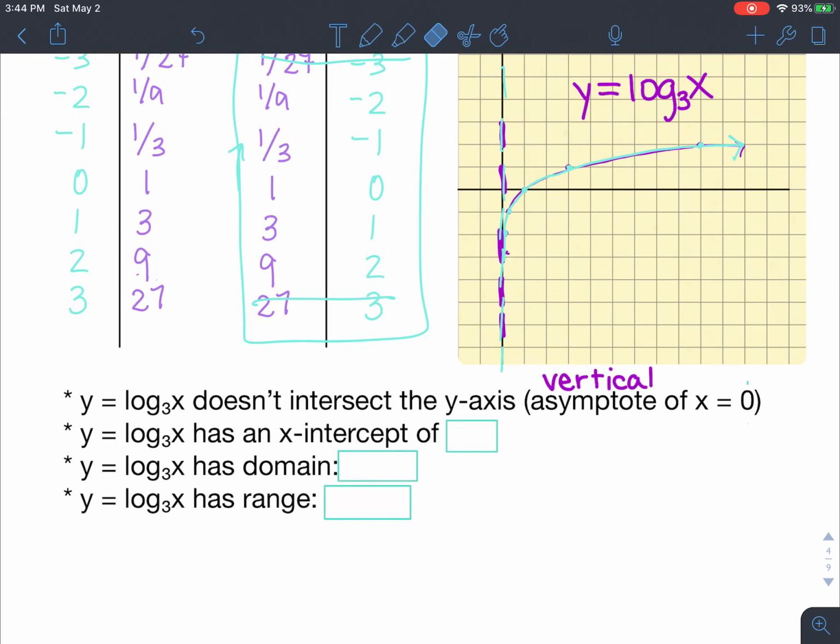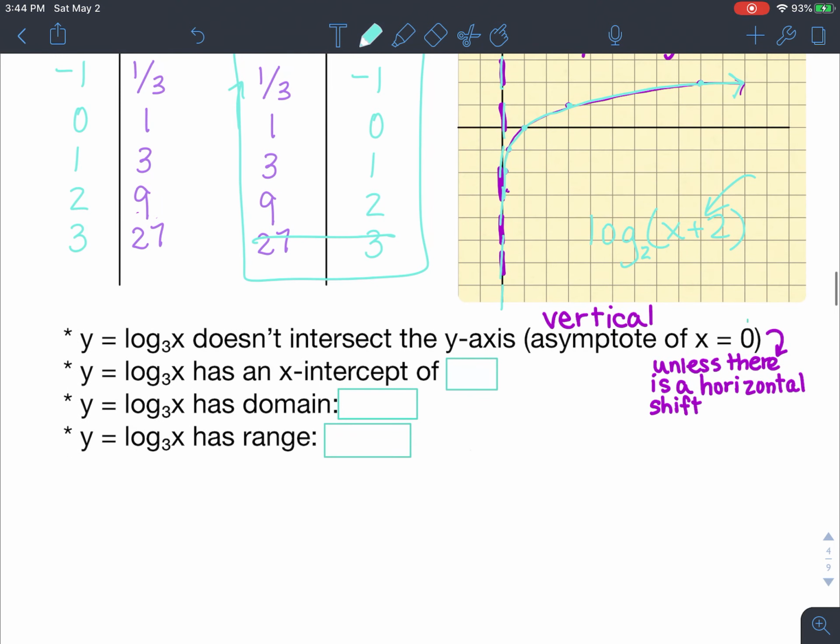The only time it won't be this is if there's a horizontal shift. So basically, if there's a number in with the log like this, then the vertical asymptote will shift. That's the only time. Log base 3 of x has an x-intercept of 1 comma 0.